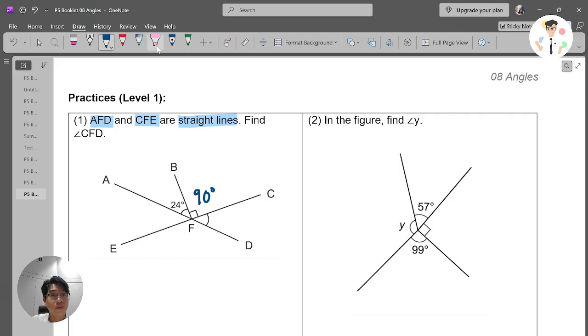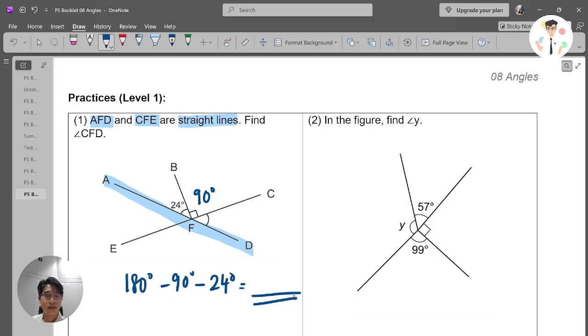And again, because I know that AFD is a straight line, I know the total angle is supposed to be 180. And because the total is 180, 180 minus this 90, minus this 24, will give you the angle here.